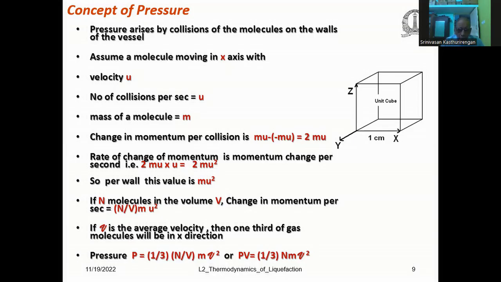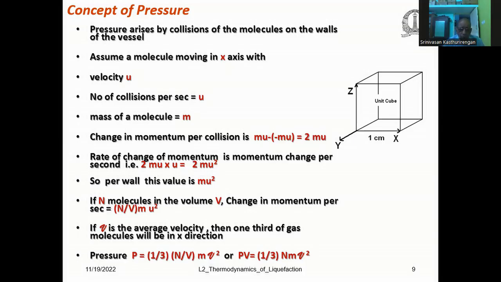Consider a single molecule in this, moving only along the x-axis with velocity u. The number of collisions per second will be equal to u. The mass of the molecule is m, and therefore the momentum of the molecule will be equal to mu.